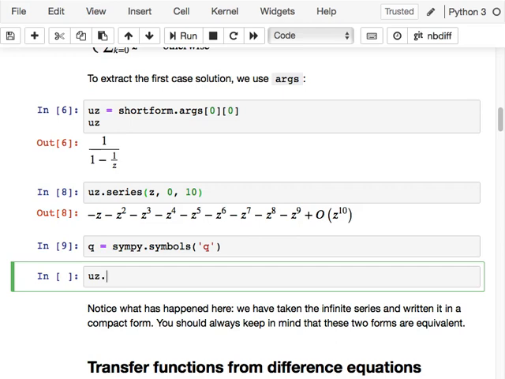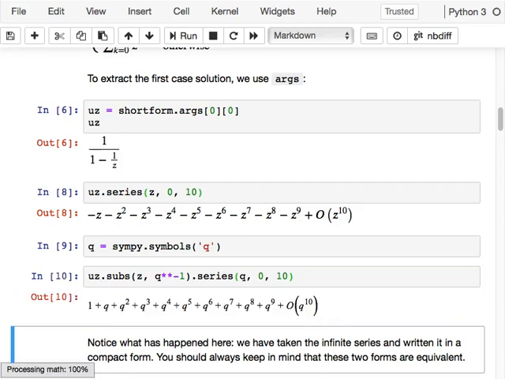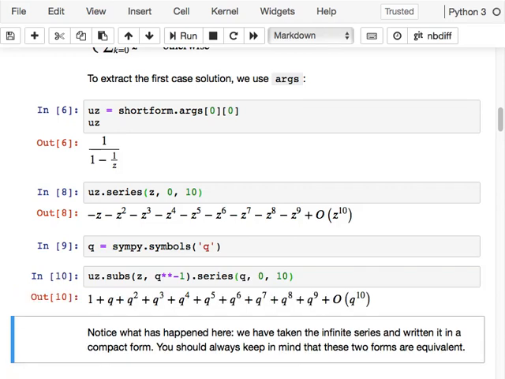So I have use.subs Q, z to the minus 1, or actually, sorry, z as Q to the minus 1. And now I have all my coefficients in terms of Q. But remember, Q is z to the minus 1. And so we're getting it the right way.